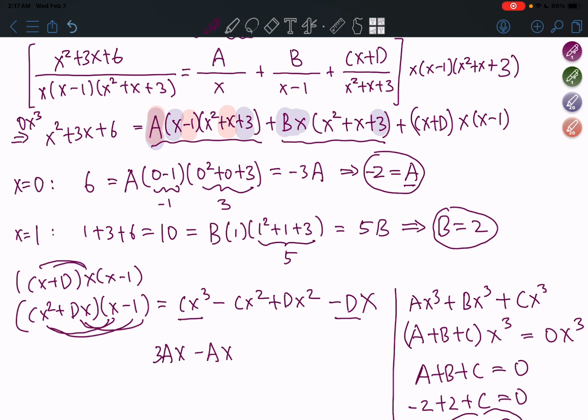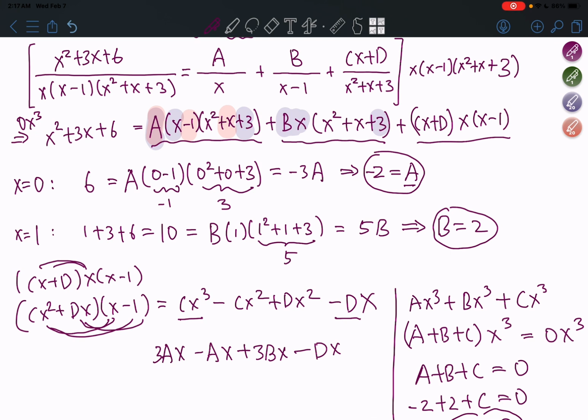For the second one, the b term, the only way to get it is 3bx. And last but not least, the last term gives me a negative dx. That's why we focus on the x term to begin with.